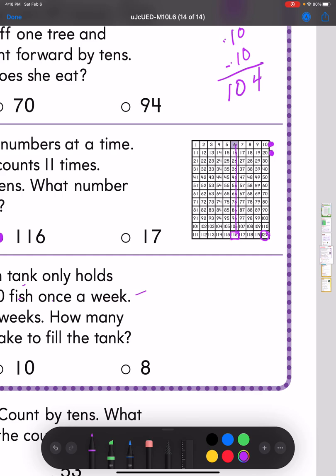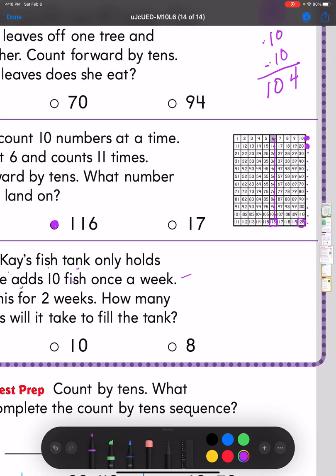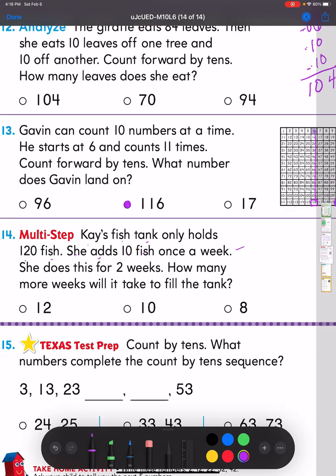Okay? So let's count. 1, 2, 3, 4, 5, 6, 7, 8, 9, 10. It will take her 10 more weeks to get to that 120 fish if she were to add 10 fish each week.